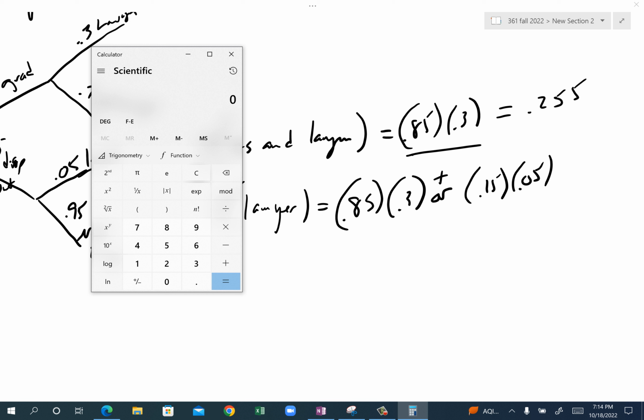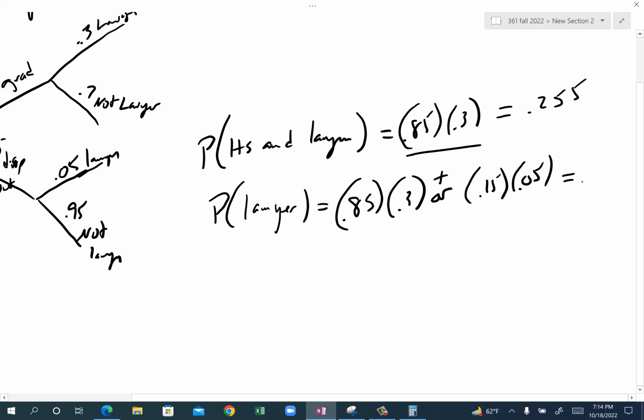Let's try that again. 0.15 times 0.05. Nice. Plus 0.255. So about a 26% chance that you become a lawyer, say when you're still in high school, before anything happens.